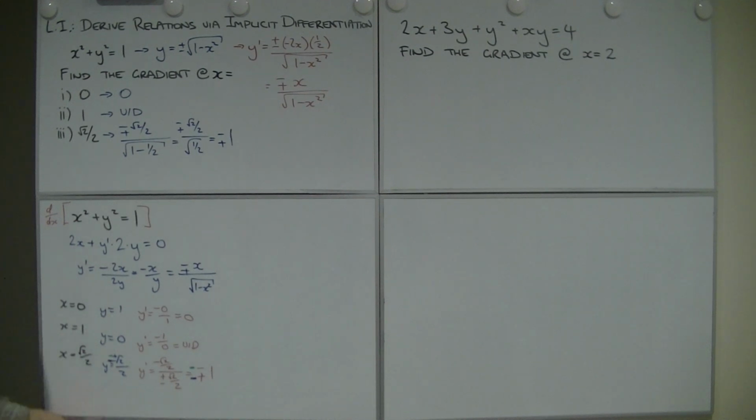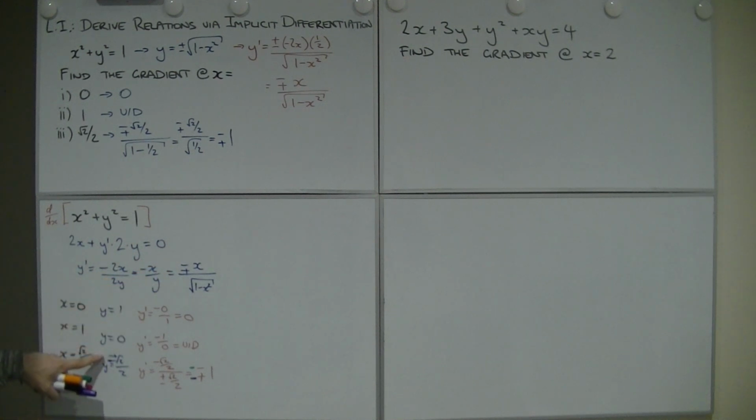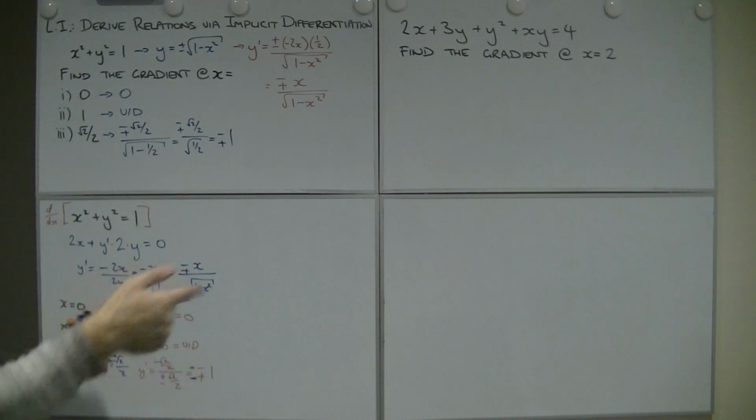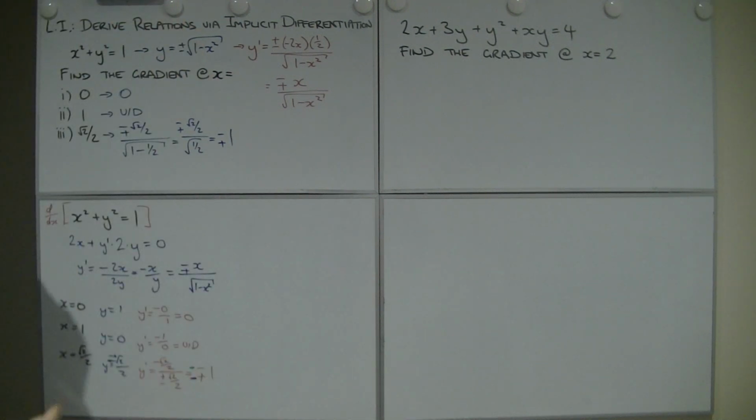Because this is ambiguous, I end up with two possible y values. So this ordering just tells me which one matches with which. So if I'm on the positive side, then my gradient's negative 1. And if we think about a unit circle, when y is positive, gradient negative 1, yep. And vice versa, going up that way, yeah, makes sense. Beautiful. Okay. Well, that's cool.